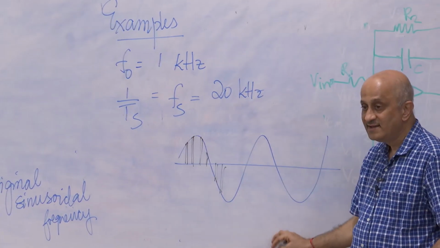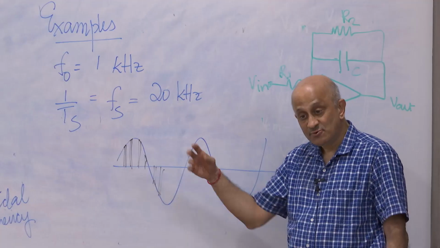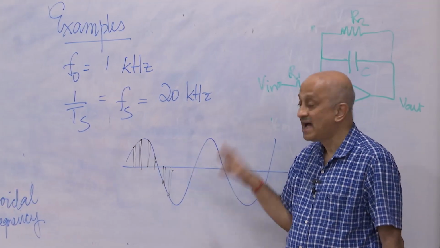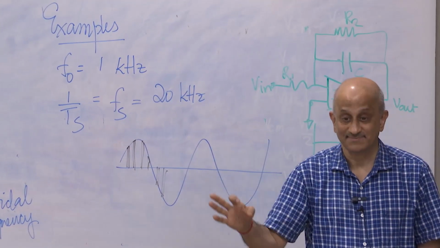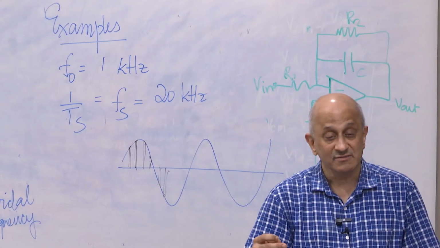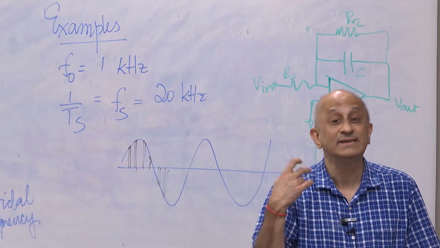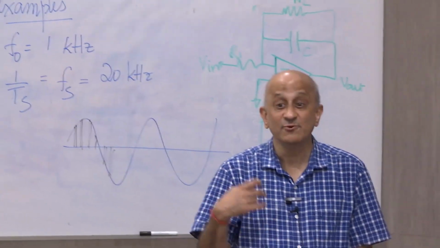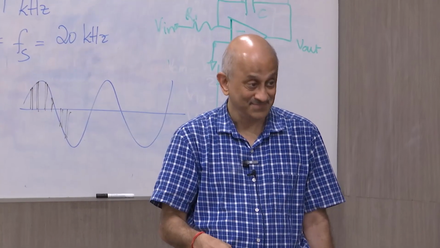And you were asking, are there any other sinusoids which will give you the same samples, the same points? Why are we doing this? Because we want to find out what is the ambiguity created, what is the confusion created by sampling.